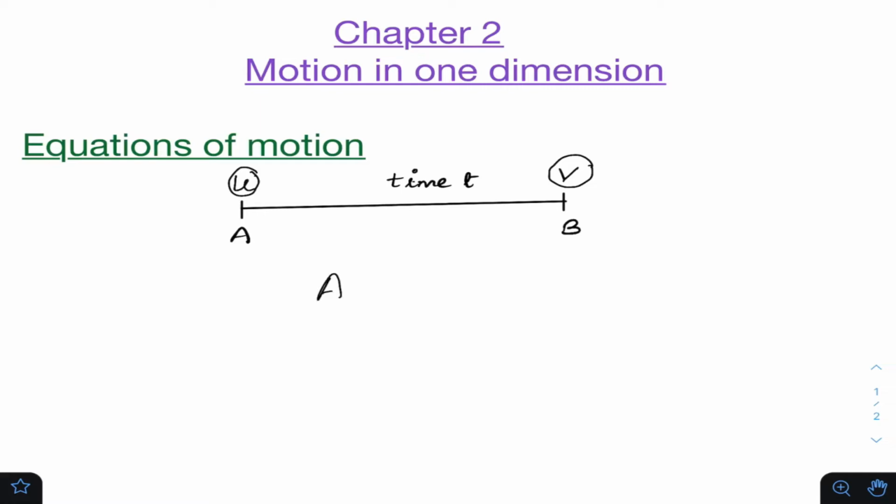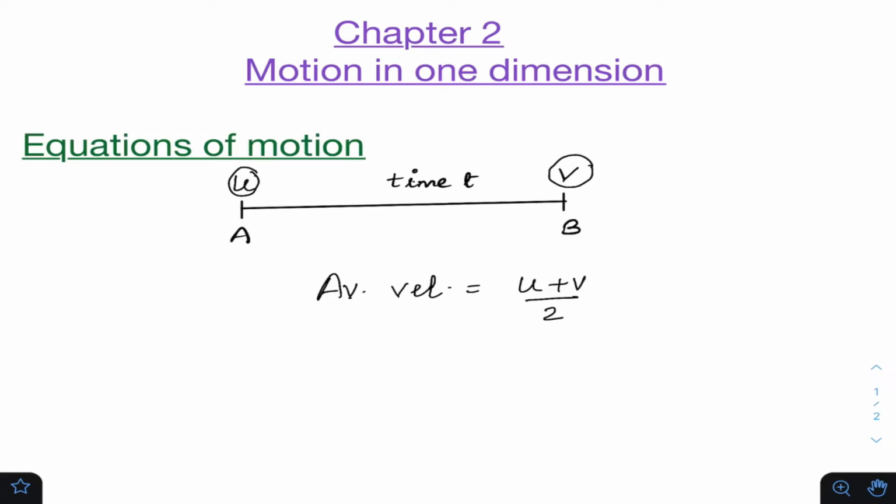First of all, find the average velocity. How do we find an average? Add the numbers and divide by the number of terms. So there are two numbers; if you add them, you have to divide by 2. Suppose we have 3 numbers and we have to find the average of those 3 numbers, then you have to divide by 3.